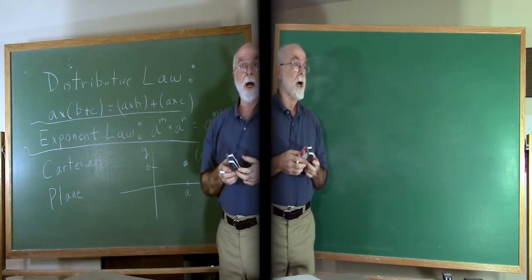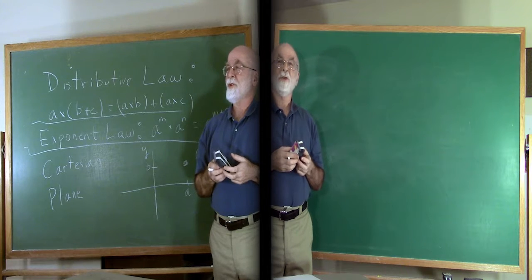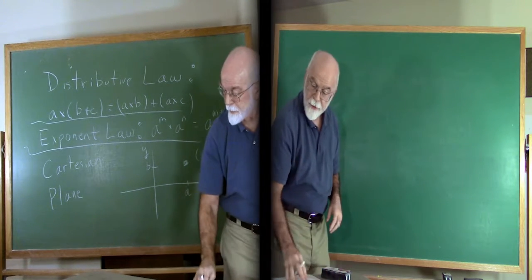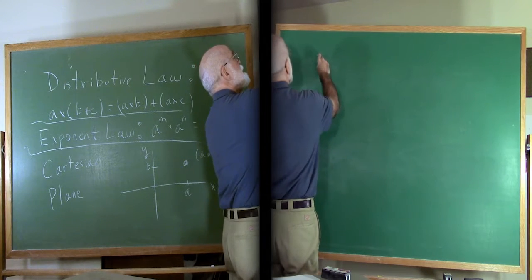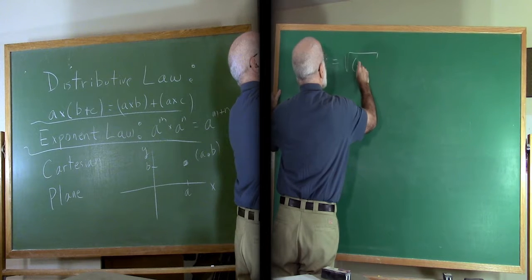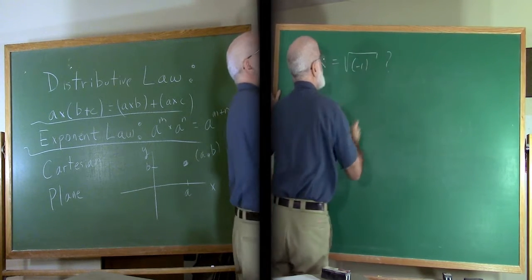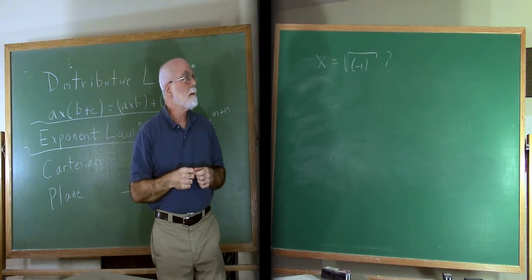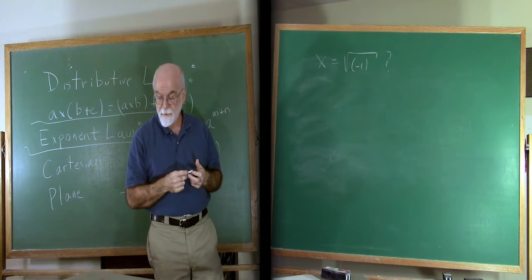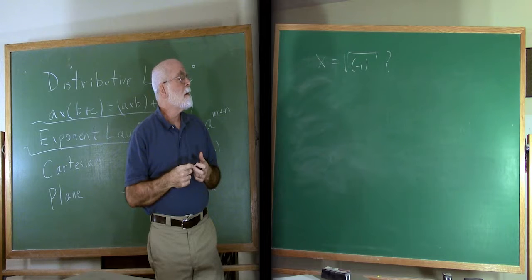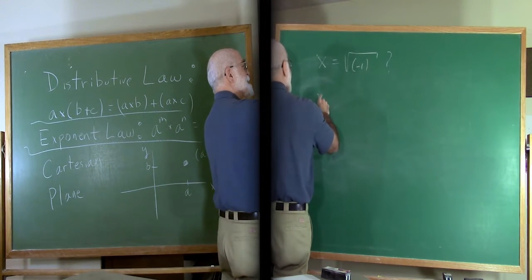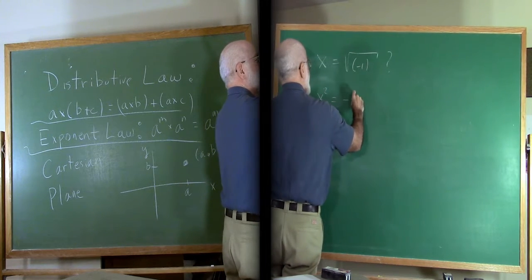Imaginary numbers arise when you try to take the square root of -1. Let's give it a generic name. X is very popular. This means x squared is -1.